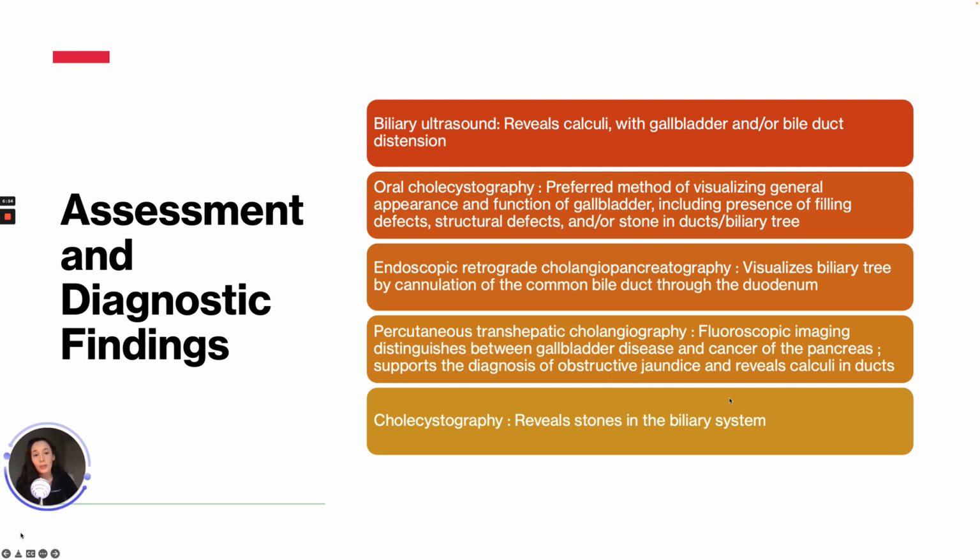This can be done intravenously when nausea and vomiting prevent oral intake, when the gallbladder cannot be visualized during OCG, or when symptoms persist following a cholecystectomy. It can also be done preoperatively to assess structure and function of the ducts and detect remaining stones.